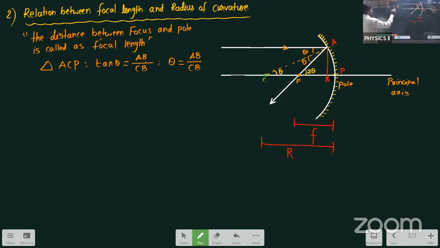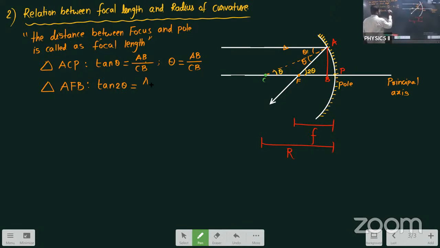Now let us consider one more triangle, triangle AFB. How much angle do we have here? We have angle 2 theta. So this can be written as tan 2 theta equals opposite by adjacent.